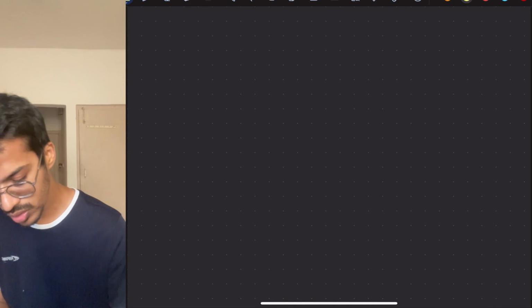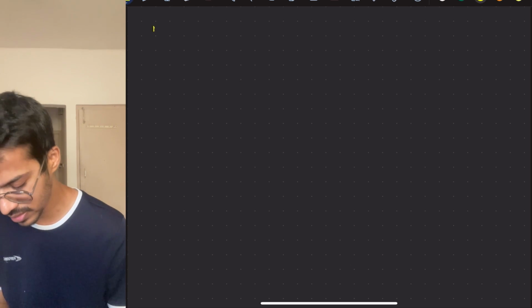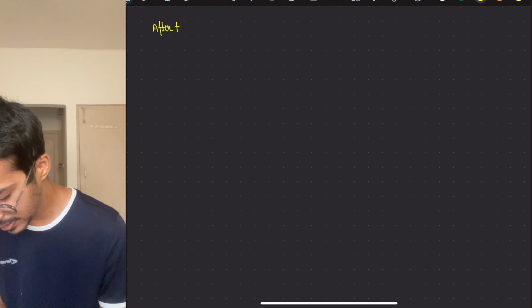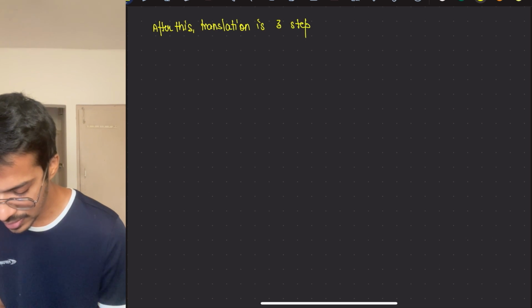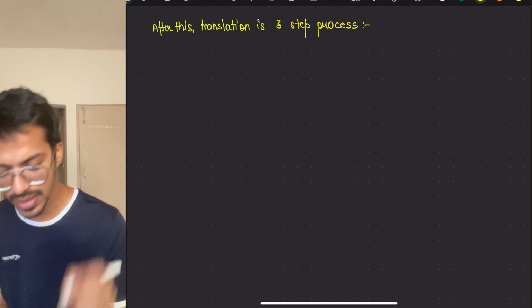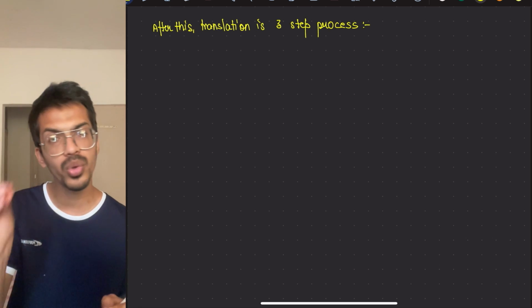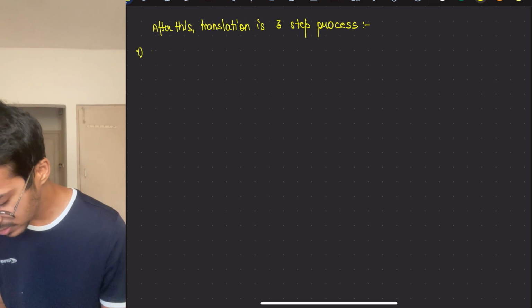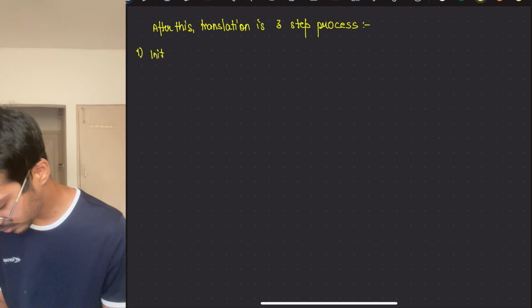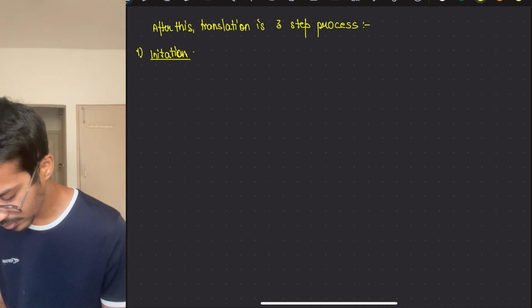Okay, so translation is a 3-step process. Simultaneously over here, I will keep on telling about the prokaryotes and the eukaryotes. So number 1, it is called initiation.